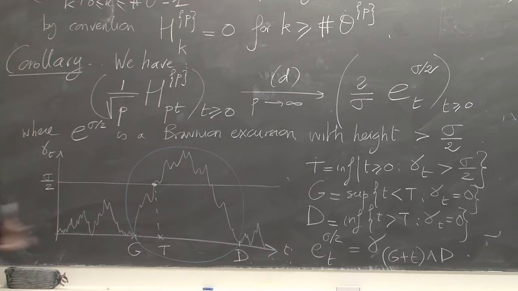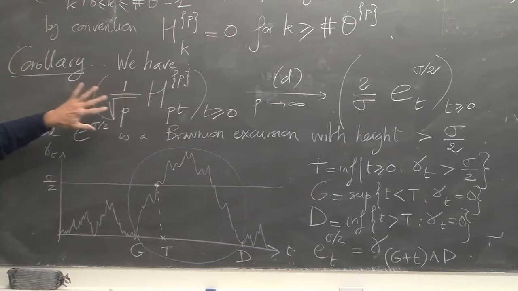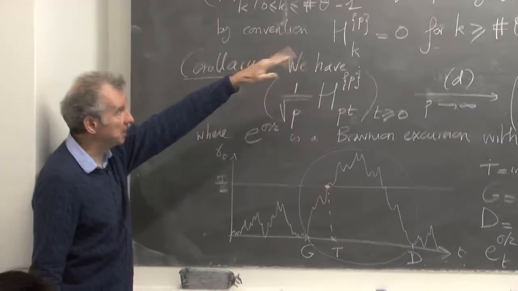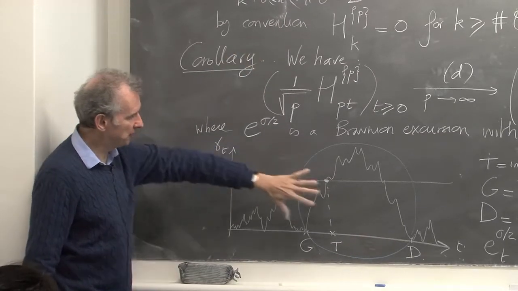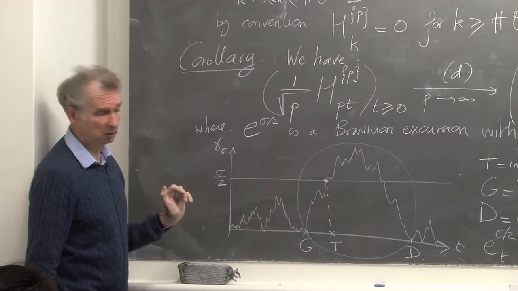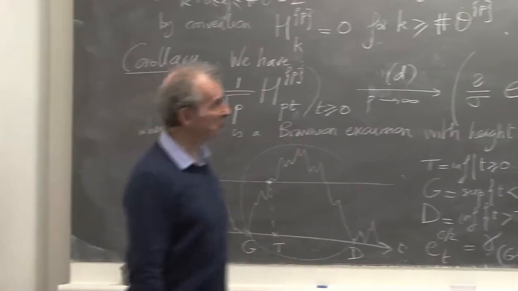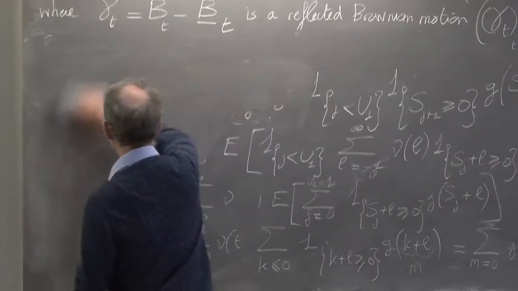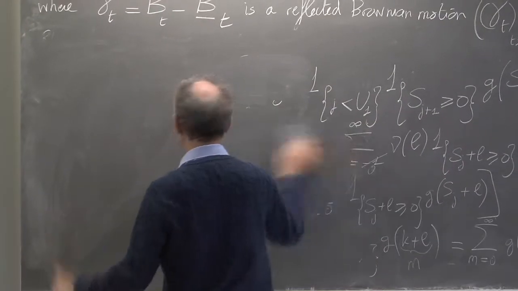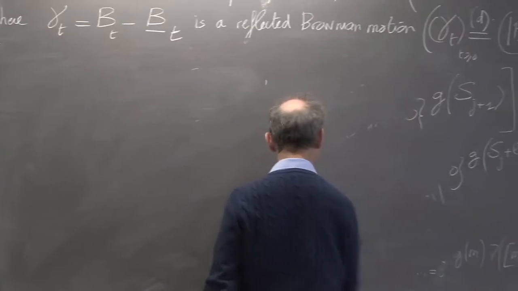So I really look at this object here. The limit you get for the height process of a single Galton-Watson tree conditioned to be large, in the sense I explained, will be just a Brownian excursion. So this should not really come as a surprise, because remember, I will try to explain it and also give you the idea of the proof.